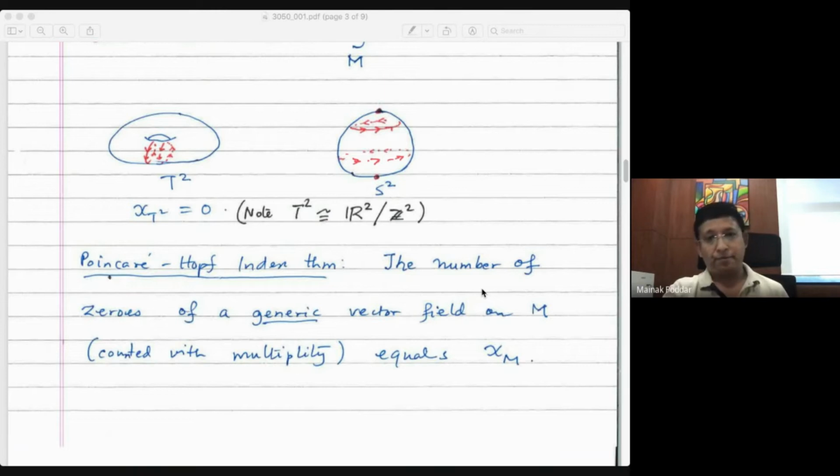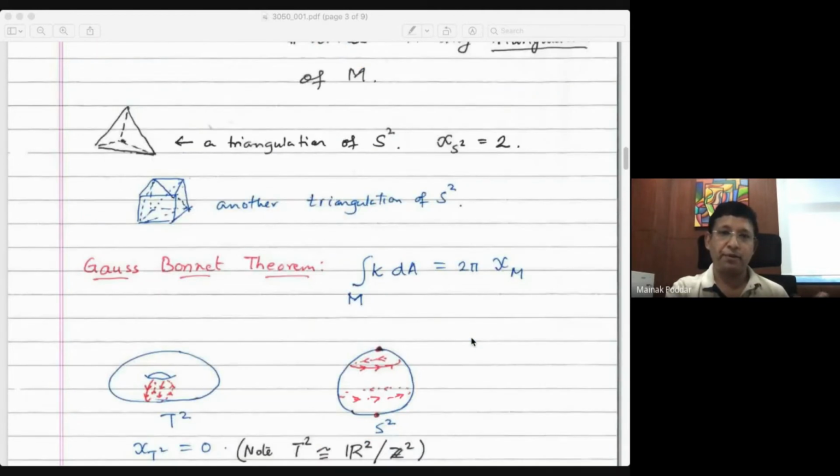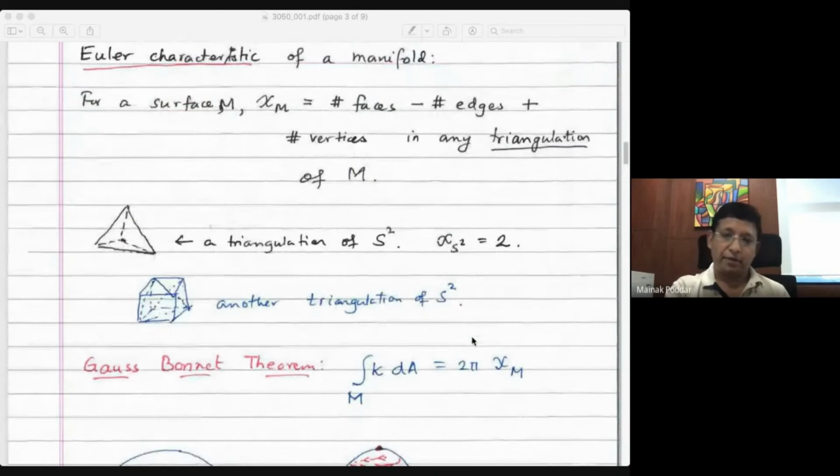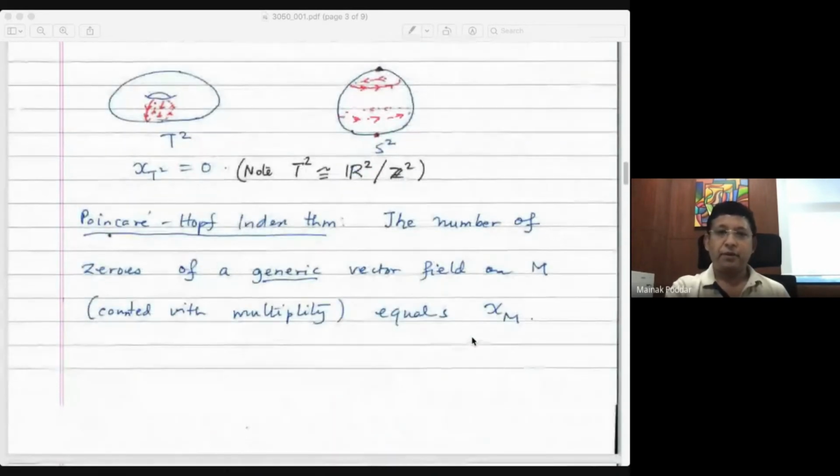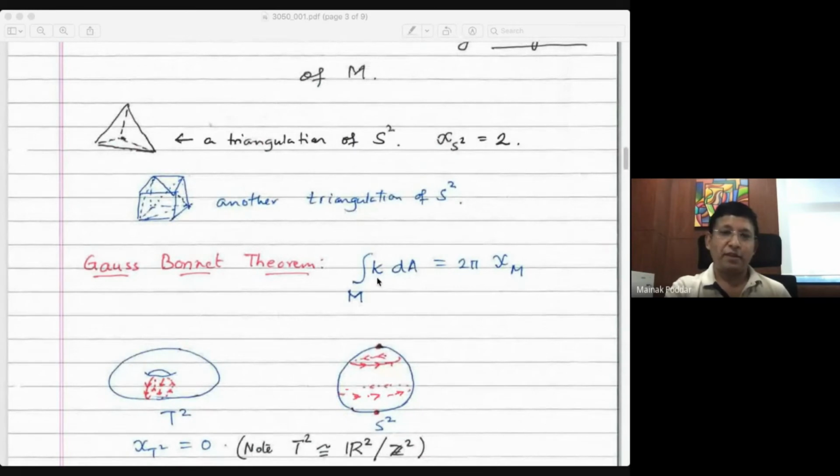Okay, so this Poincare-Hopf index theorem generalizes in this very form to higher dimensions. The Gauss-Bonnet theorem, you have to adapt it, okay? Because in higher dimensions, there are many planes, and along each two-dimensional subspace of the tangent space, you can define a curvature, and so on.